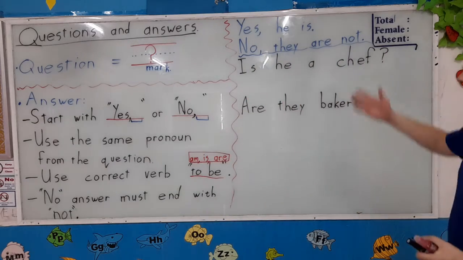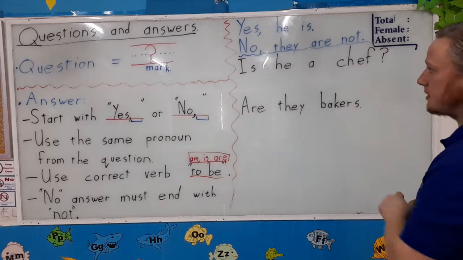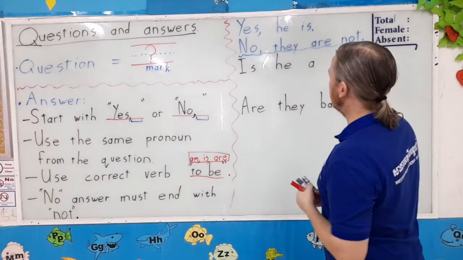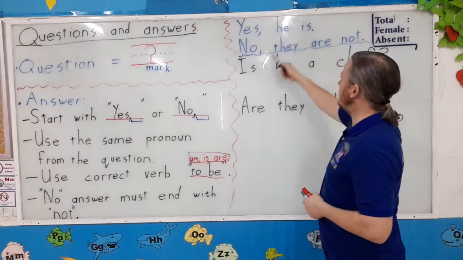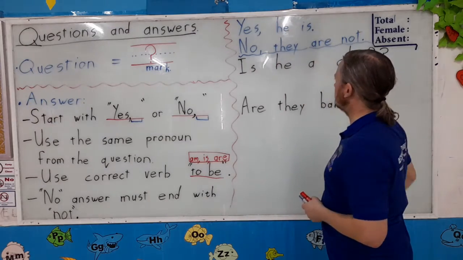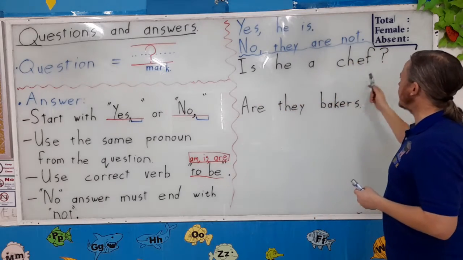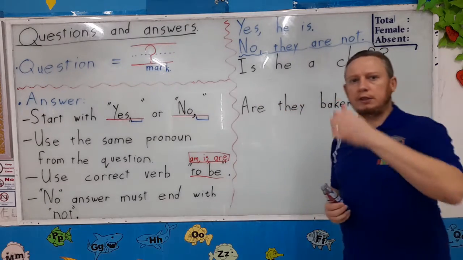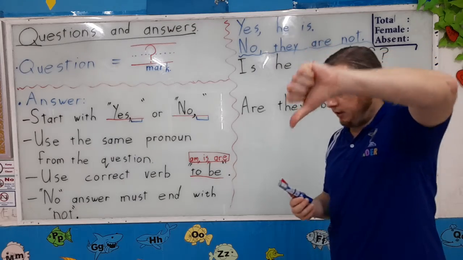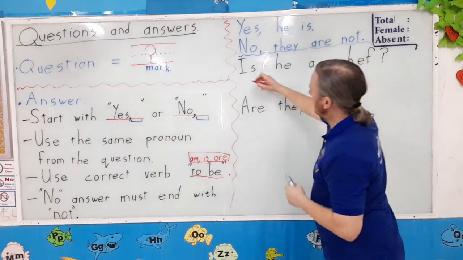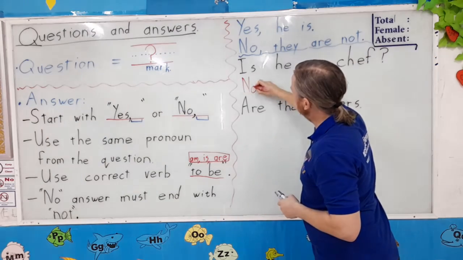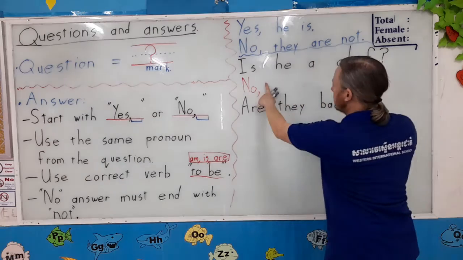So, over here I have 2 examples using these rules. Yes, he is. No, they are not. Okay, so let's answer the question, is he a chef? If we wanted to answer negatively, we start with no, comma, space.